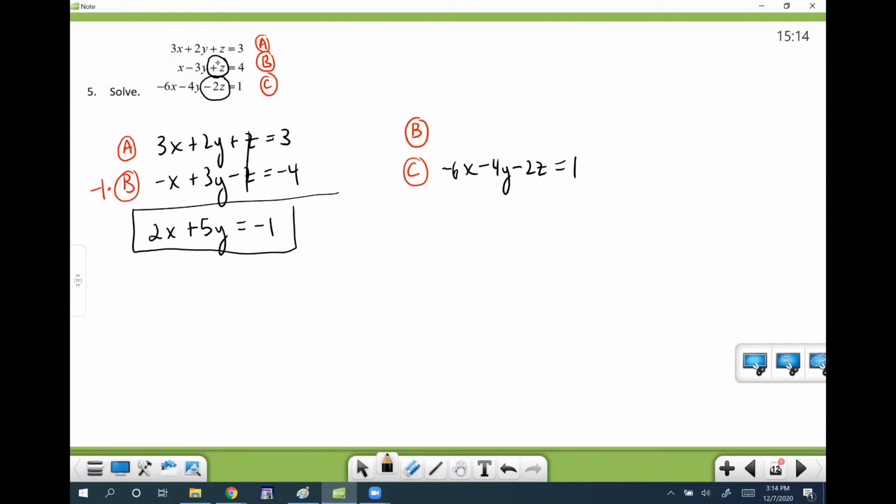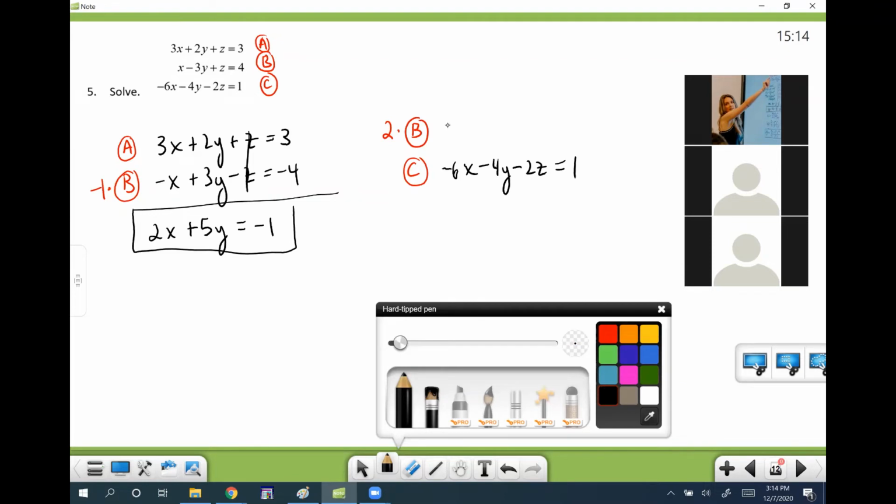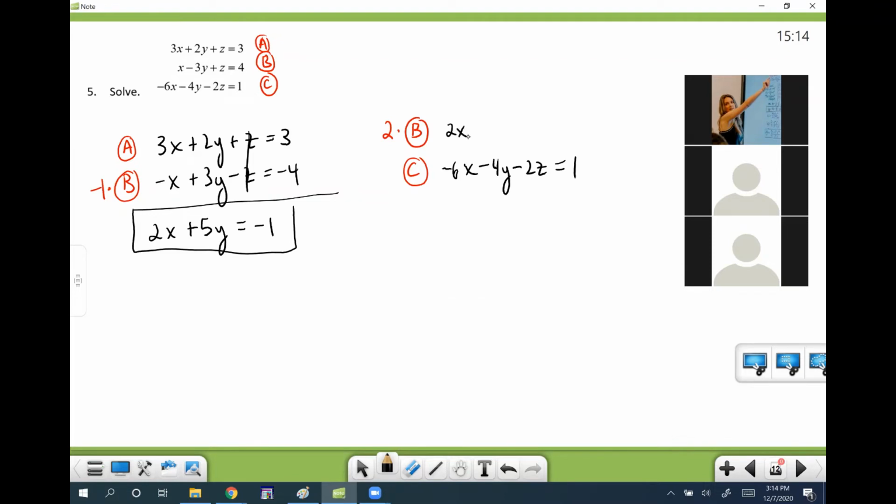So what would we need to multiply equation B by? 2. A 2. All right. So we're going to go ahead and multiply equation B by a 2. So when I write it down, everything is going to be multiplied by 2. So 2 times x, 2 times -3, and 2 times z, and 2 times 4, which is 8.